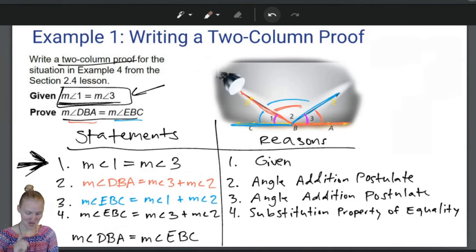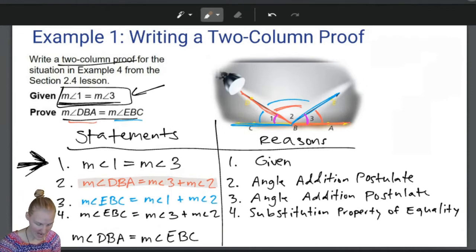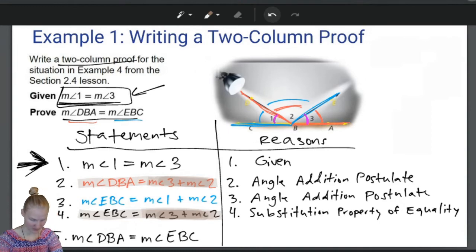Okay. Now, check this out. We have the measure of angle DBA equal to angle 3 plus angle 2. And I have the measure of angle EBC equal to the measure of angle 3 plus the measure of angle 2. This is the same, which means that these are the same. So now I can say the end.